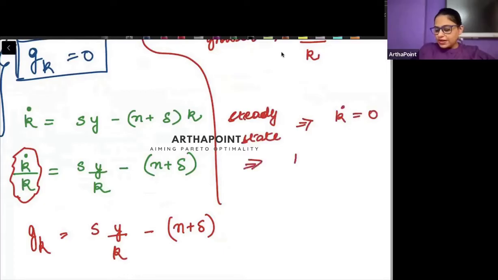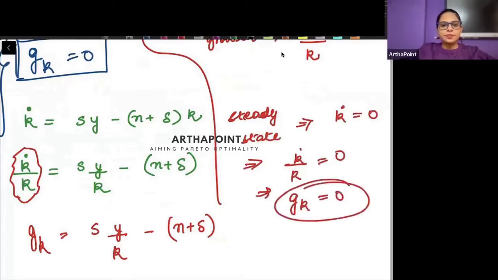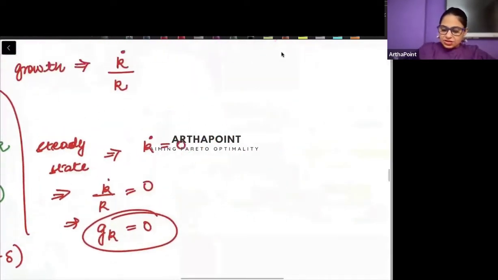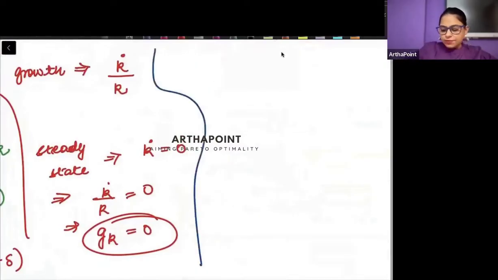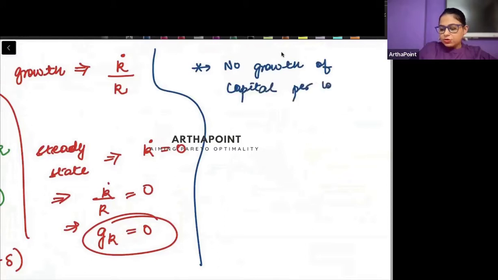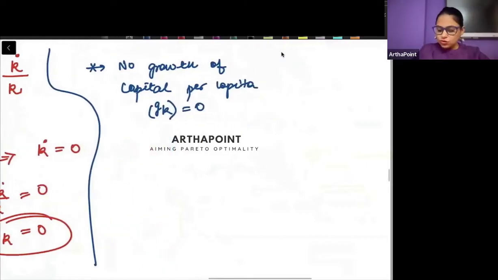So automatically k dot by k will be 0. So it means growth rate of small k will be 0. So my claim is that in this model, there is no growth of capital per labor, per unit labor or per capita. Small k का growth rate 0 है. ठीक है? Now, first just understand, then I will go to the notes.